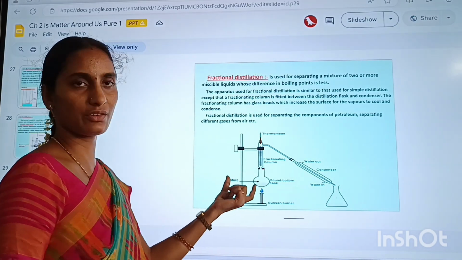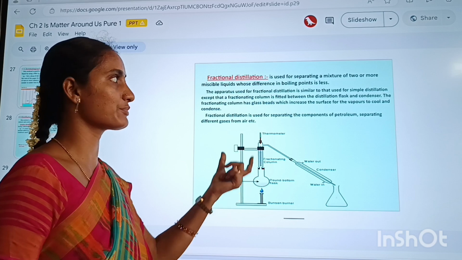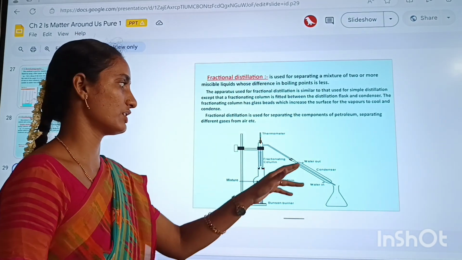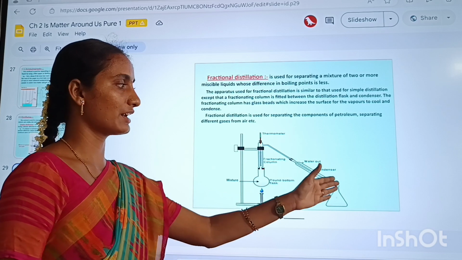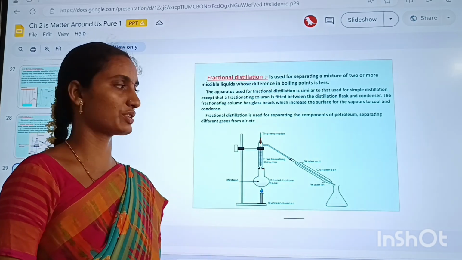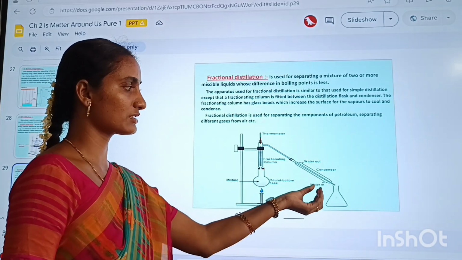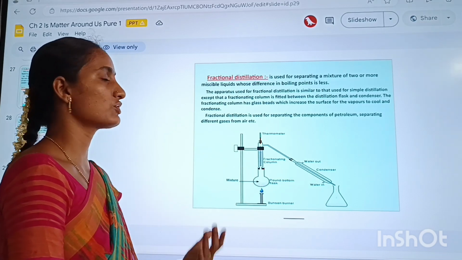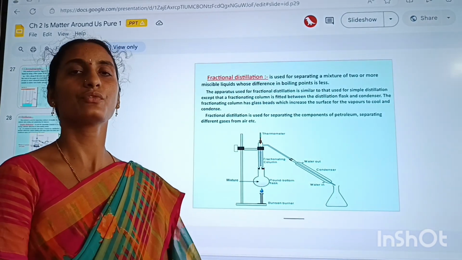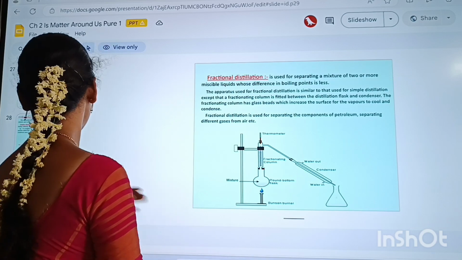Here also we take a mixture of miscible solutions, and water will come out at the water outlet, and the condenser will collect the other liquid. This distillation is called fractional distillation.